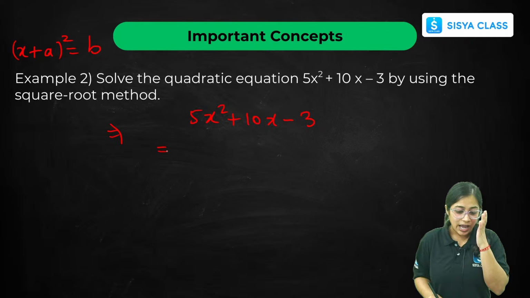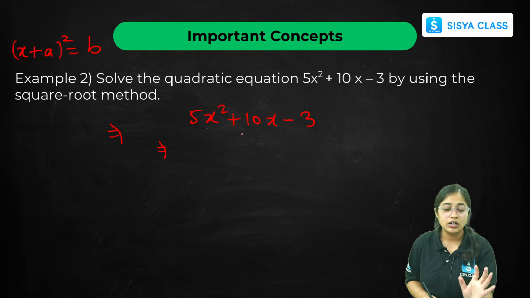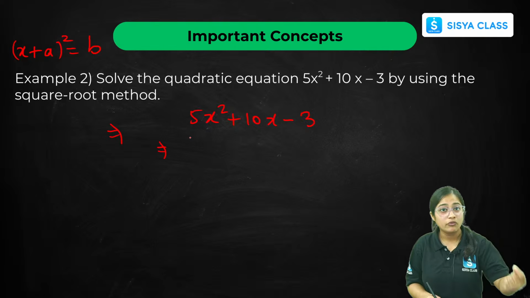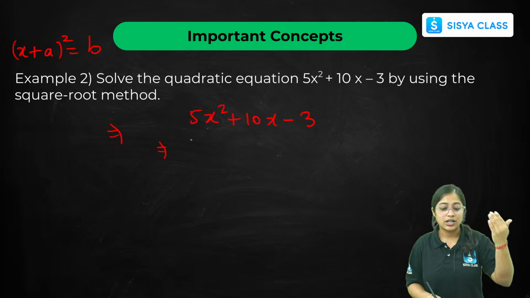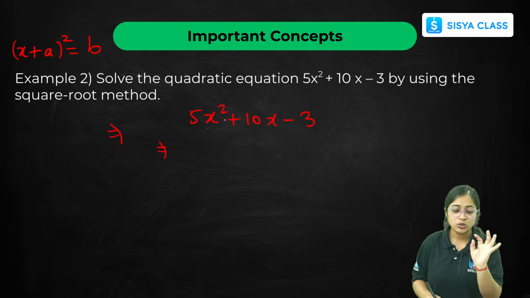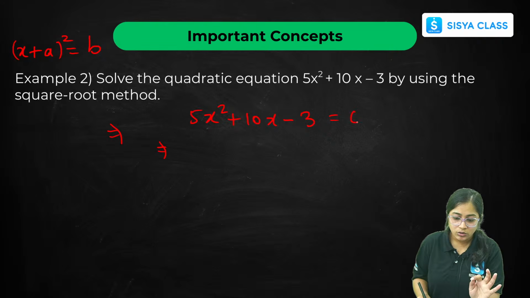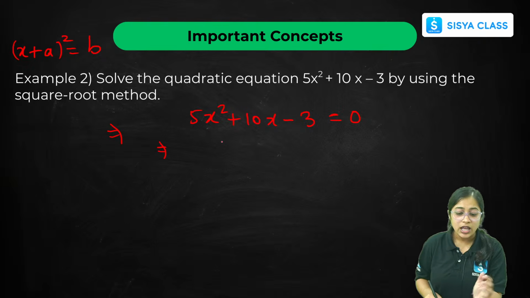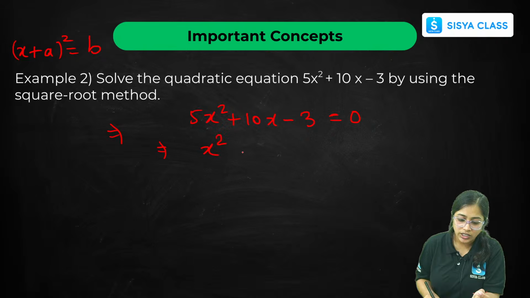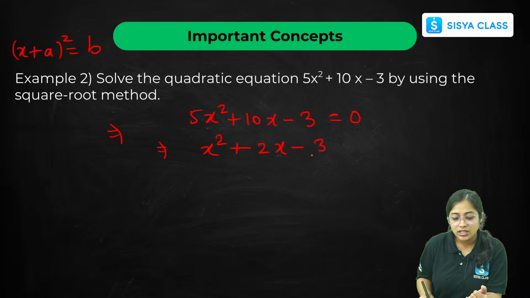So if you have a quadratic equation in which the coefficient of x square is not 1, your first task is to try to make it 1. So here how will you make it 1? We want to find its roots, so that's why we have equated it to 0. So divide the equation by 5. So after division by 5, what will you get? x square plus 10 upon 5, that is 2x, minus 3 upon 5, equal to 0, right?